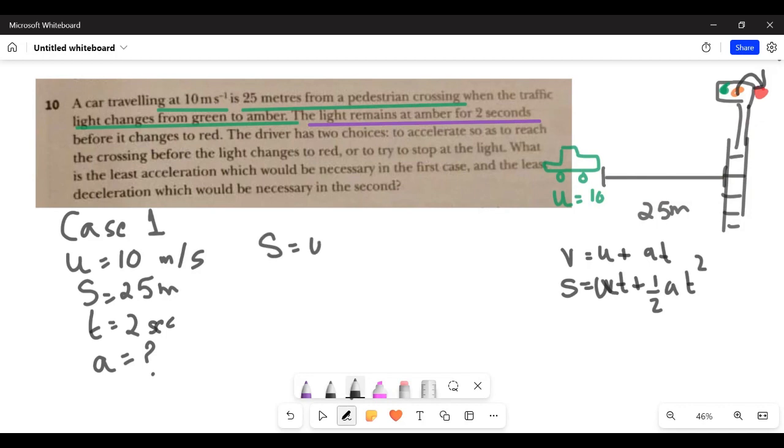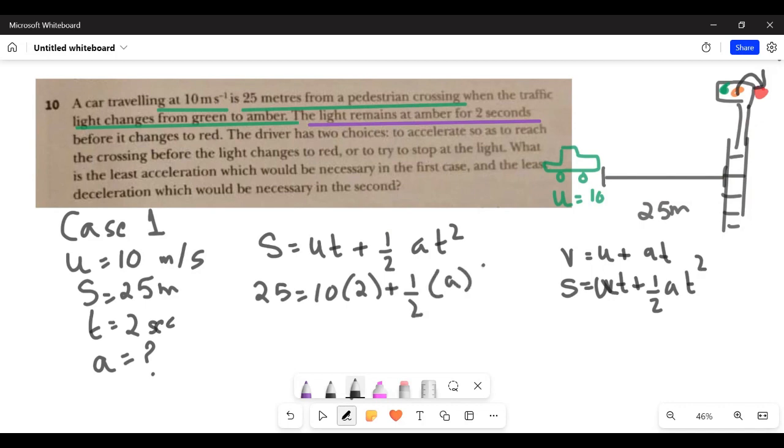S equals UT plus half AT squared. So 25 equals 10 times 2 plus half A times 2 squared. Can you find A from here? So 25 equals 20 plus 4 by 2, 2A.